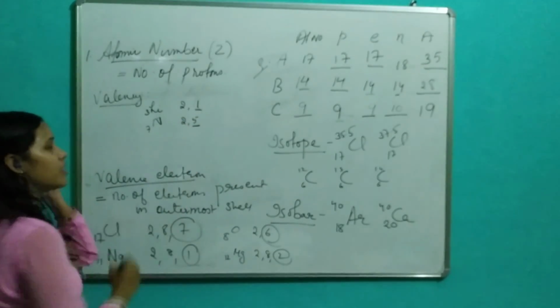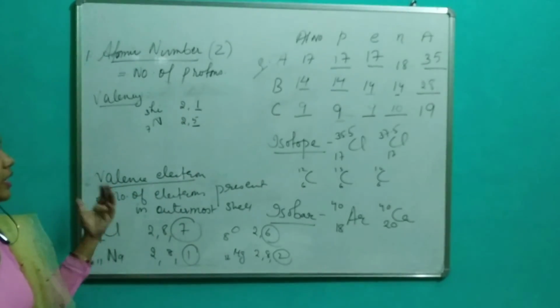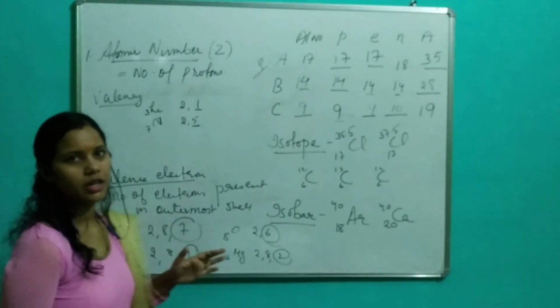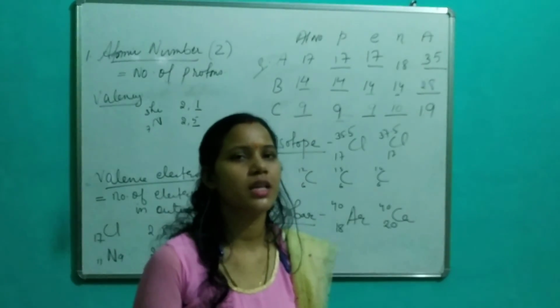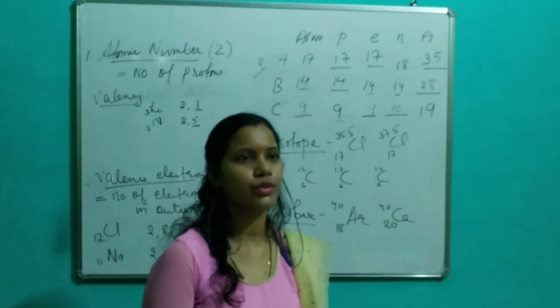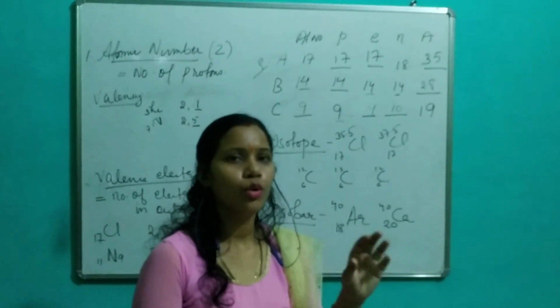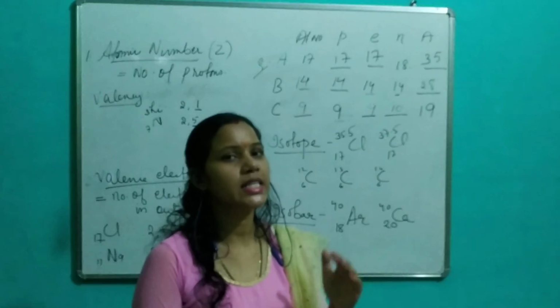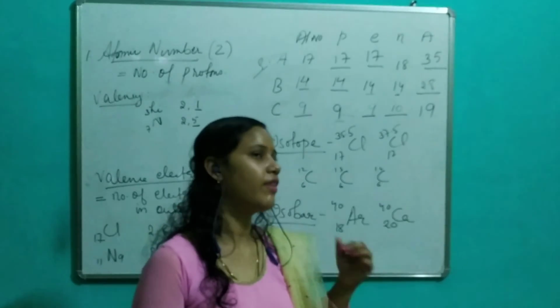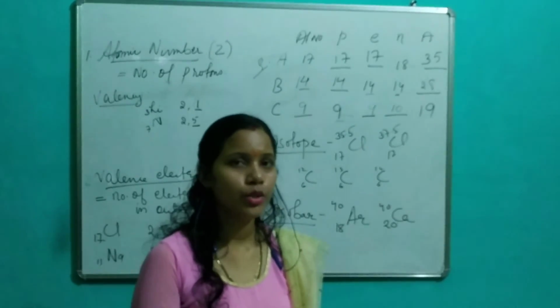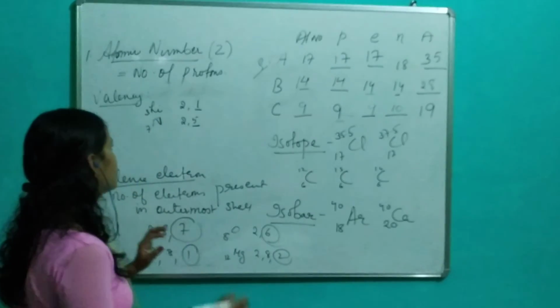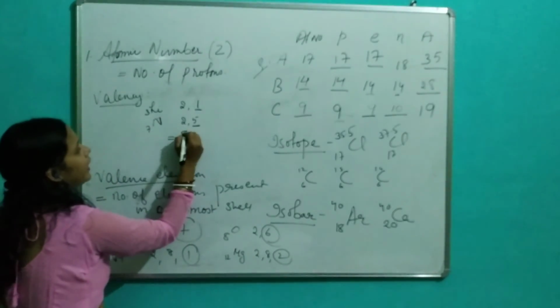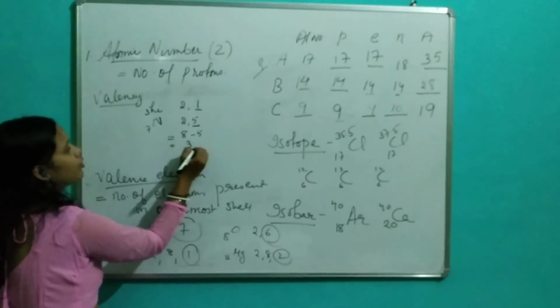So in this case, the valency of the element is not number of valence electron, but if it exceeds, अगर आखिरी शेल के जो इलेक्ट्रॉन होते हैं अगर 1, 2, 3 हो तो वही उसका वैलेंस इलेक्ट्रॉन वैलेंसी भी होता है. But if it exceeds 4, then the valency will be equal to 8 minus the number of valence electrons. तो यहाँ पे क्या हो जाएगा? 8 minus 5 that is equal to 3.